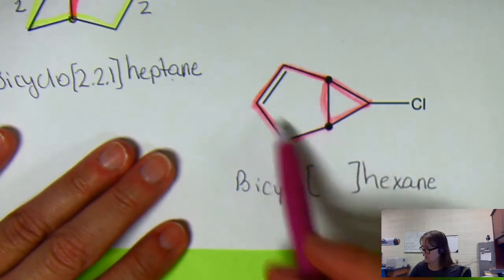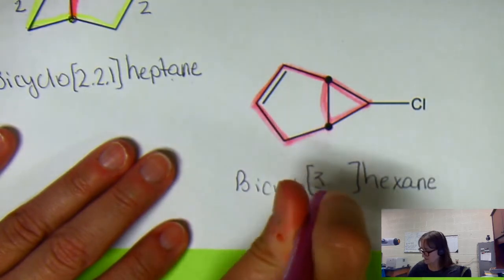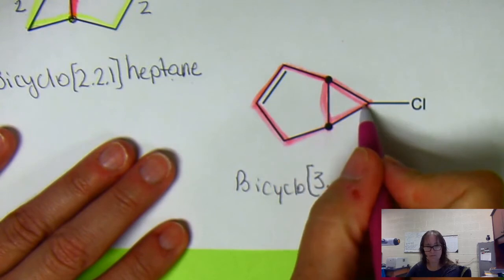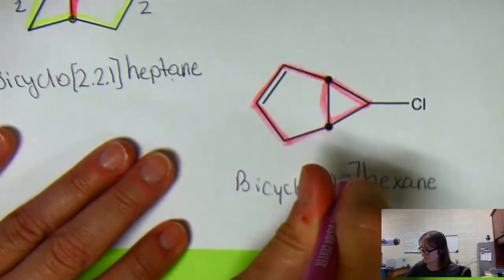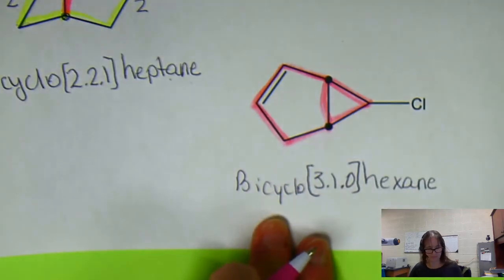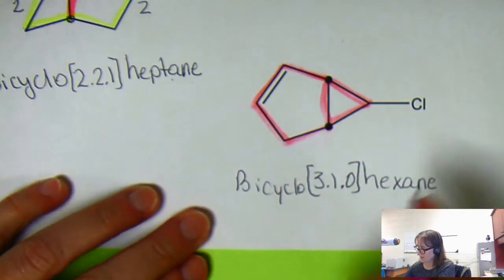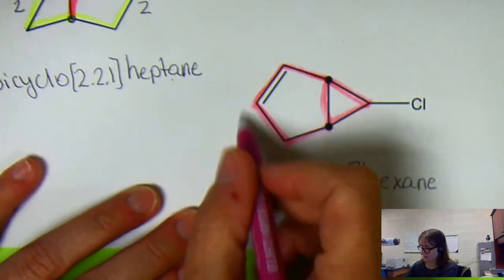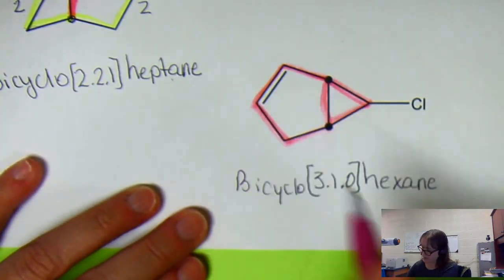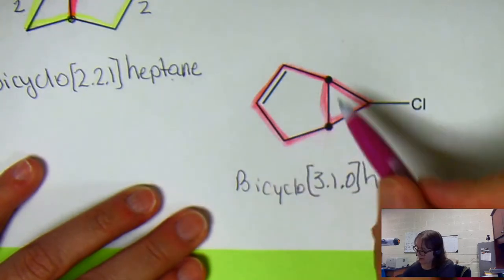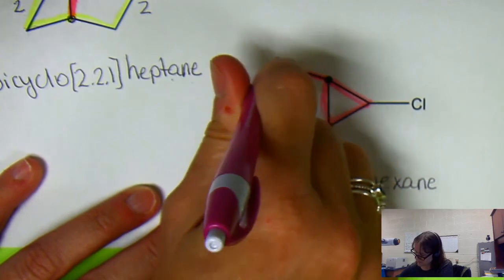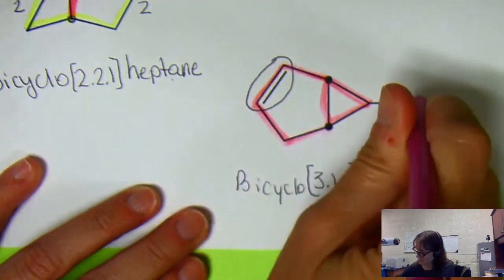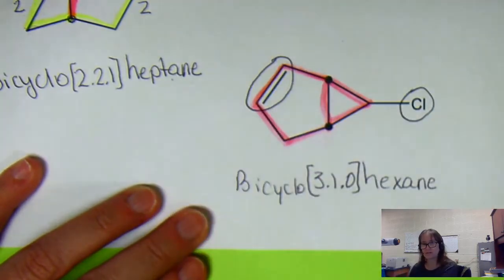So this is 1, 2, 3. Here's 1. And there's 0 between those 2. Okay, so this is the main portions of the ring. And then we have a double bond right here, and we have a chlorine right here.